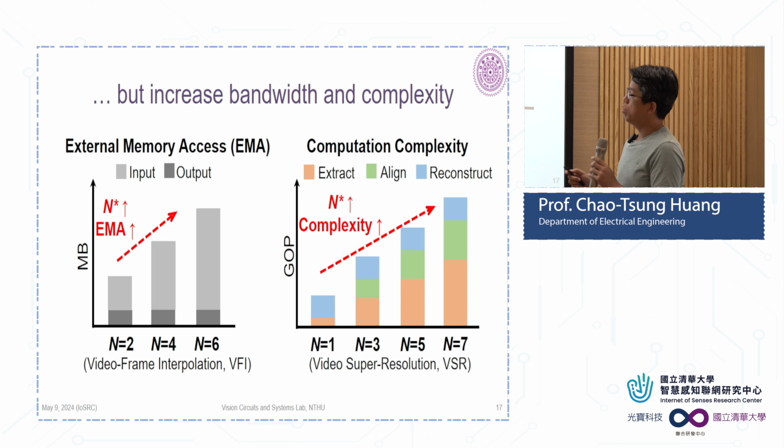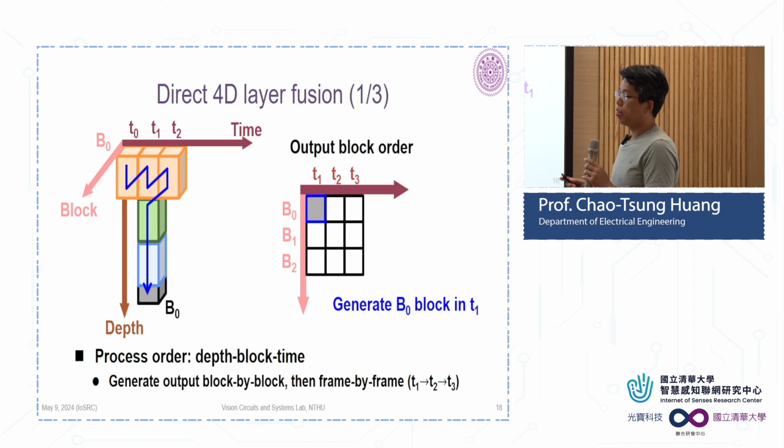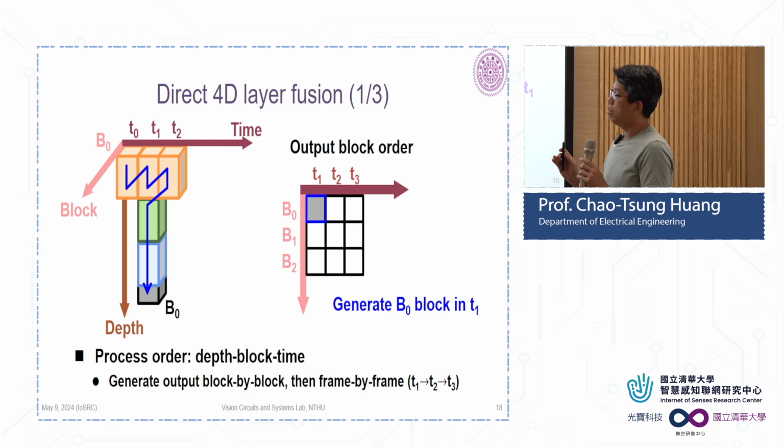Okay, so to reduce this problem, we propose a cuboid-based layer fusion technique. But let's first see what would happen if we directly extend the conventional layer fusion to video CNNs. Here we can see there are 3 axes.